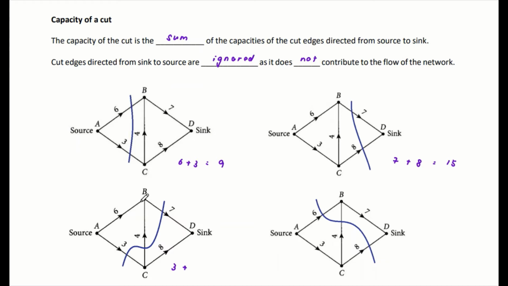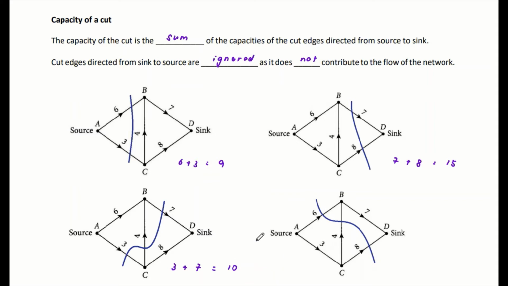Because flow cannot go from a sink to a source. So that's why 4 is not what we want. It doesn't really contribute to our flow of network here. So that's why we are not adding 4. Alright, next part. When you look at B to D, B is in the source region, D is in the sink region. So that's why, yes, we calculate 7. So the total is 10.